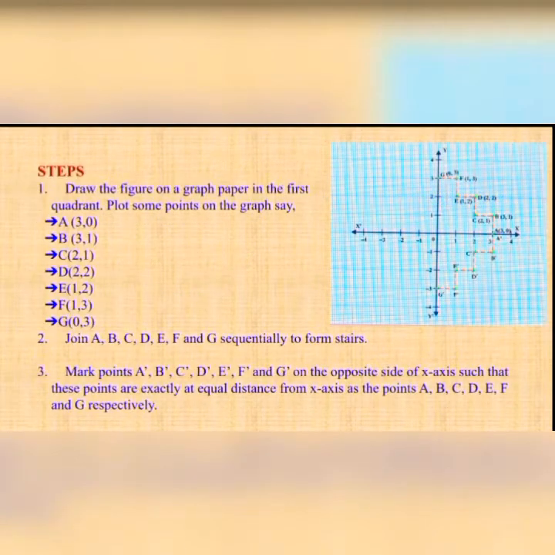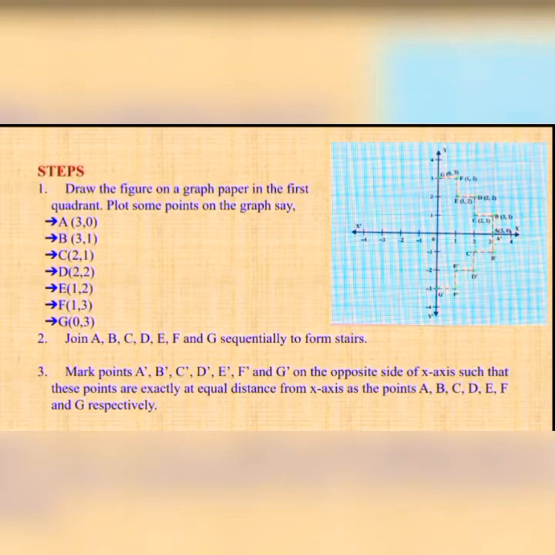Step number 1. Draw a figure on a graph paper in the first quadrant. First quadrant means that we have to draw a figure between OX and OY. Plot some points on the graph, say A(3, 0), B(3, 1), C(2, 1), D(2, 2), E(1, 2), F(1, 3), G(0, 3).